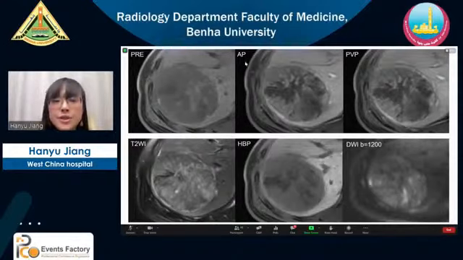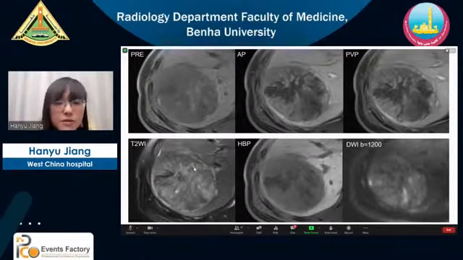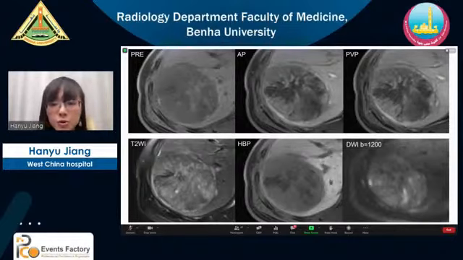On arterial phase images, the mass became hyper-enhanced, so non-rim APHE. On the portovenous phase, I think it is hypointense relative to the surrounding liver, so it's probably non-peripheral washout. On T2 weighted images, it's mild to moderately hyperintense, and on HBP images, it is hypointense. It also demonstrates diffusion restriction on diffusion weighted images of b-value 1200.